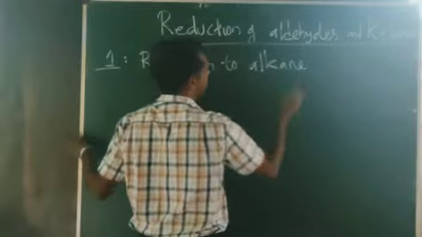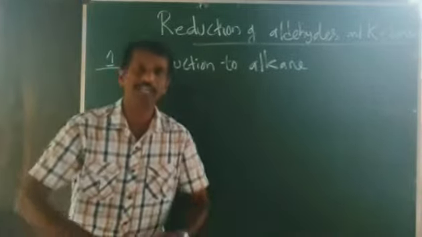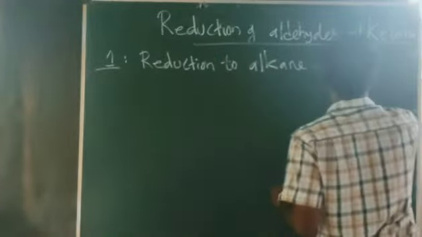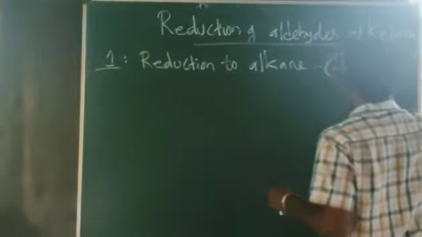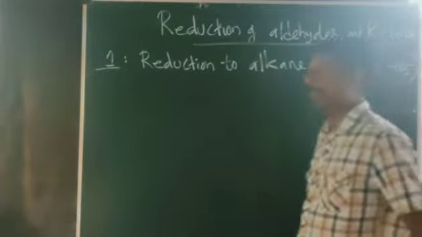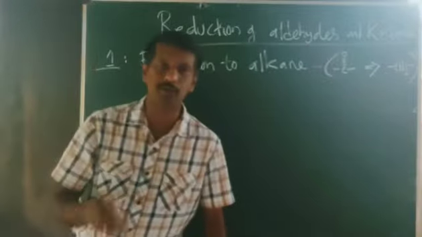That means aldehyde and ketone is reduced into alkane. That means the CO group will be converted to CH2. Then we get alkane.